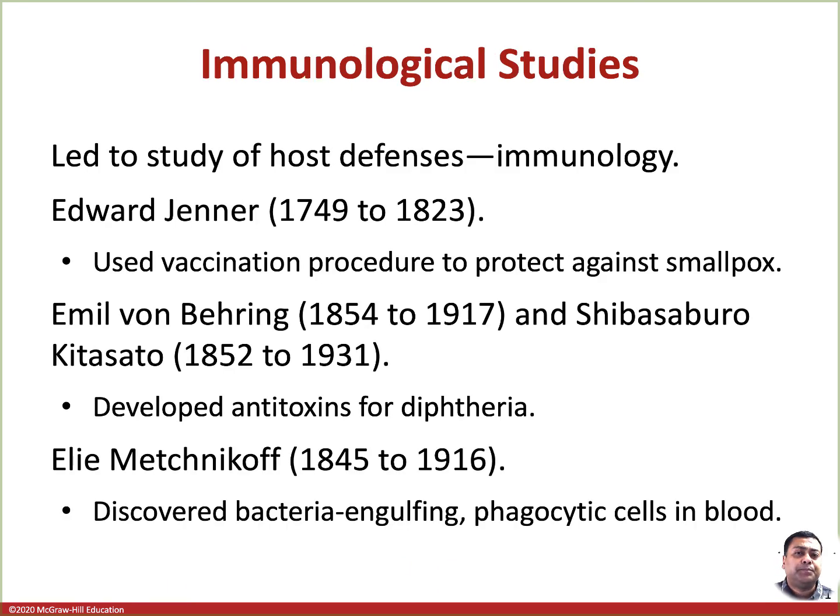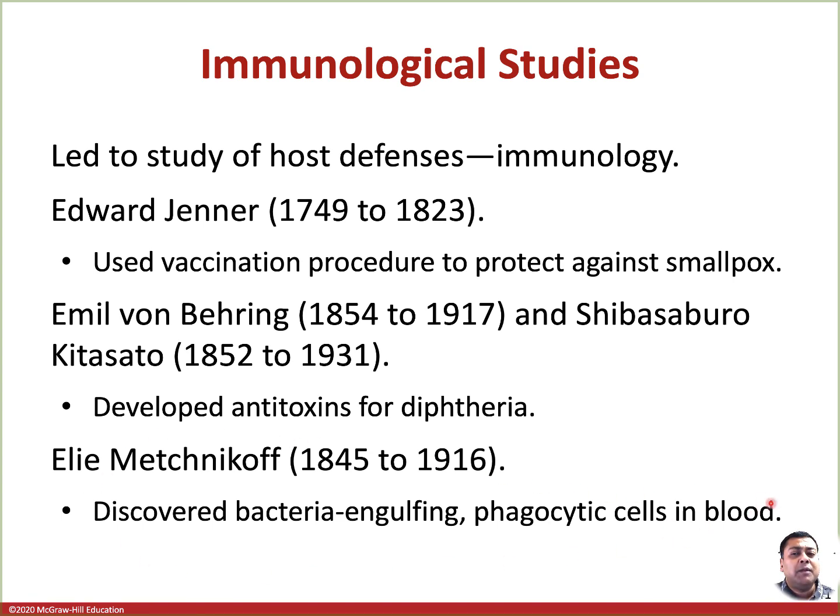Landmark discoveries. Then we talked about Jenner, remember that, who used vaccination against smallpox. We are going to talk about that. Then there are some of the scientists who developed antitoxins against the diphtheria toxins, against some vaccines. And Mechnikov discovered the bacteria-engulfing phagocytic cells in the blood.